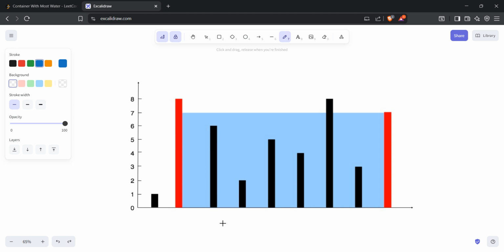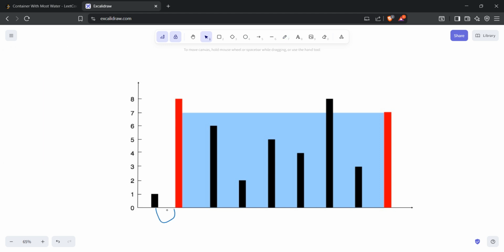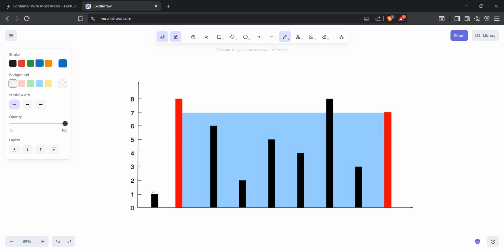First of all, to solve this question, you need to understand how a container is storing water. For example, if these two lines are to hold water, they can hold only up to this much portion, up to here. Otherwise, if water is here, it will flow down.